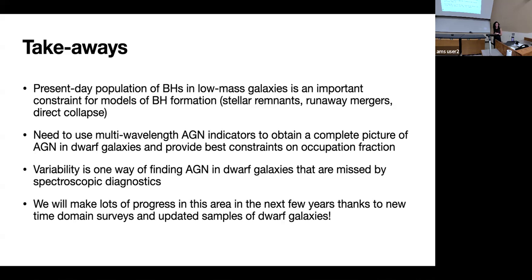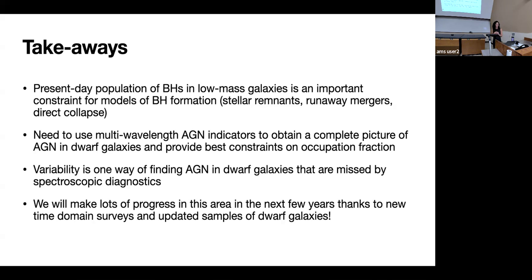We need to use multi-wavelength indicators of active galactic nucleus activity in dwarf galaxies in order to get a complete picture of that population and provide the best constraints on the overall fraction of dwarf galaxies that contain a black hole. So we can't just use one of these selection techniques. We really need to bring them all together to have a complete understanding of this population.